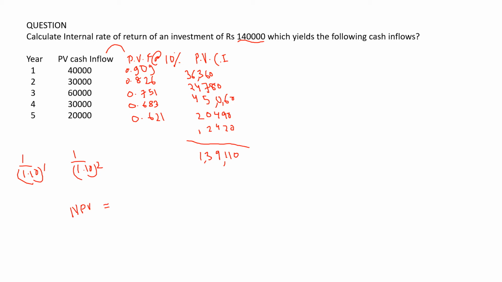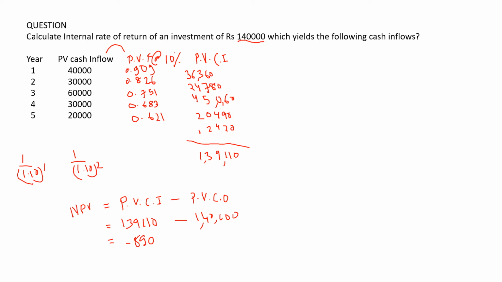So NPV is equal to present value of the cash inflow minus present value of the cash outflow. And how much will we be getting? 1,39,110 minus the investment which we have already made, 1,40,000. So from these figures we can say our NPV will be negative, and it comes out to be 890.